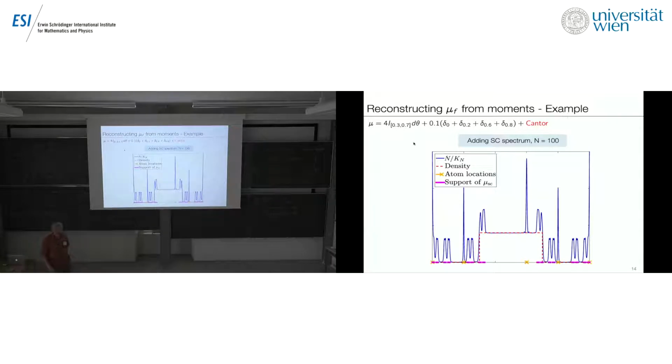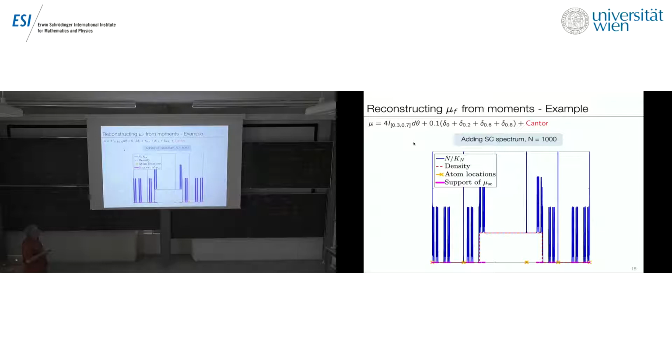Now, what if you add a Cantor set, a singular continuous part? That's more interesting. And you will see some disturbances here, but we are not yet able to determine whether this is singular continuous or not. And for that, we have to do some Cesaro means and the distribution function of this measure, and then it becomes very clear.